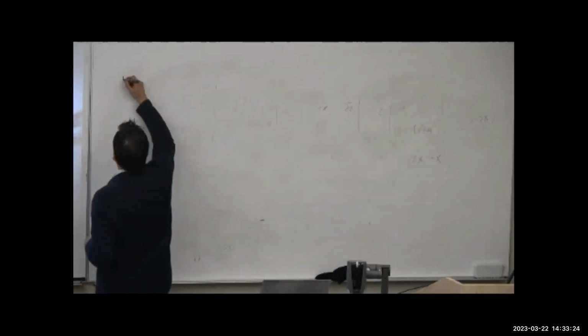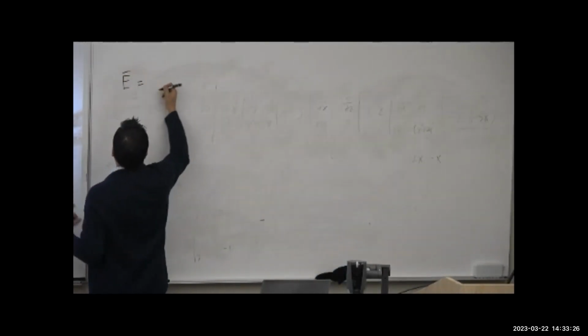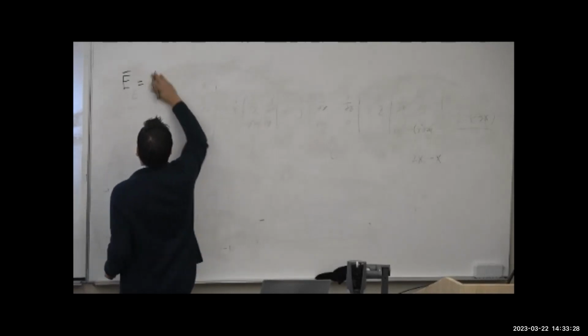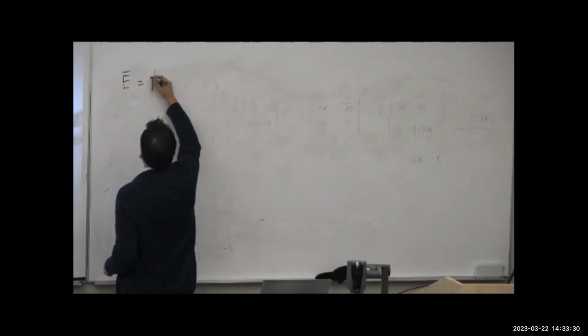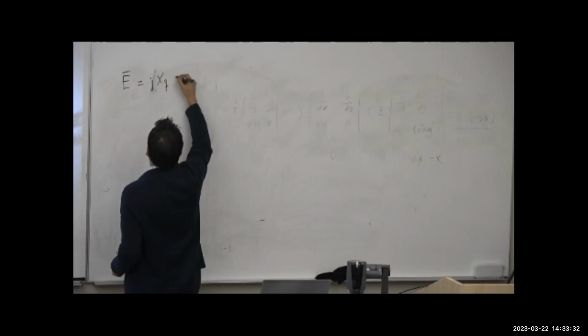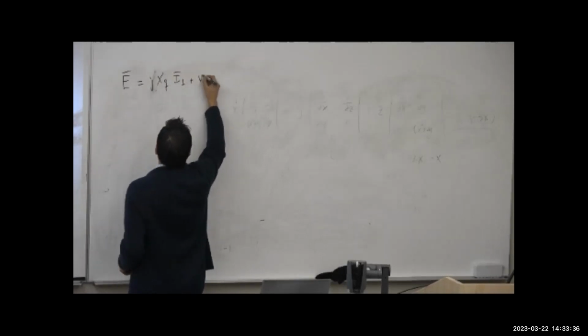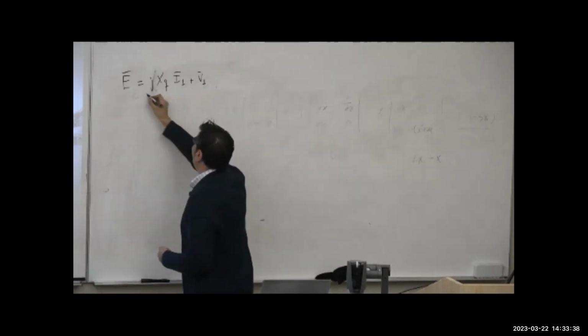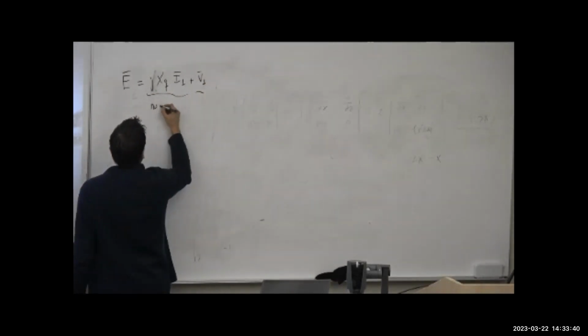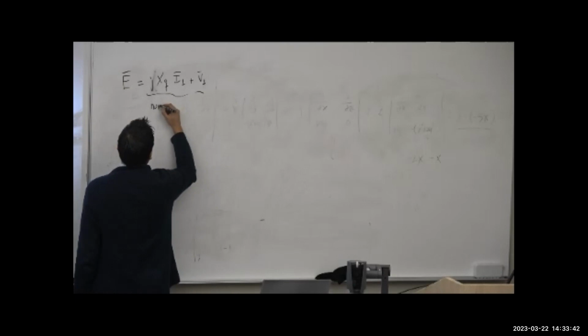So we have an expression for this that we already obtained, which is jXQ multiplied by I1 plus V1. We obtained that numerically.